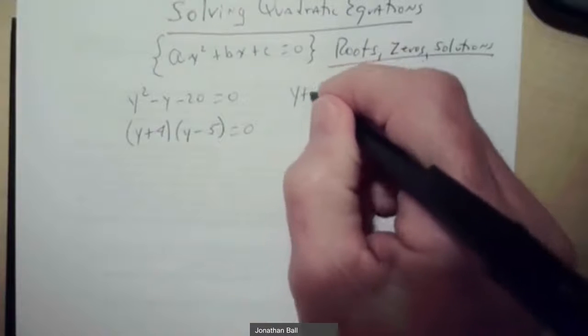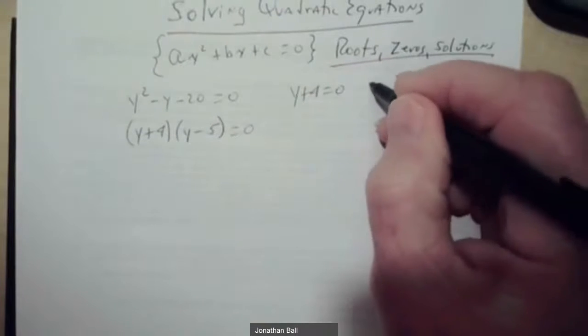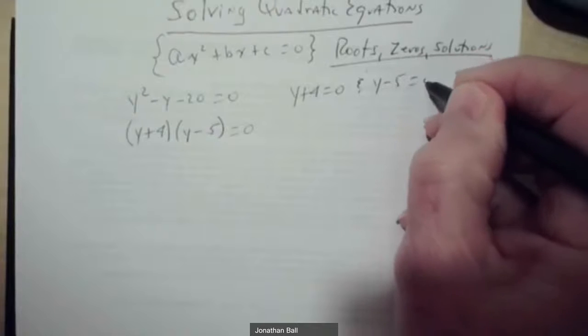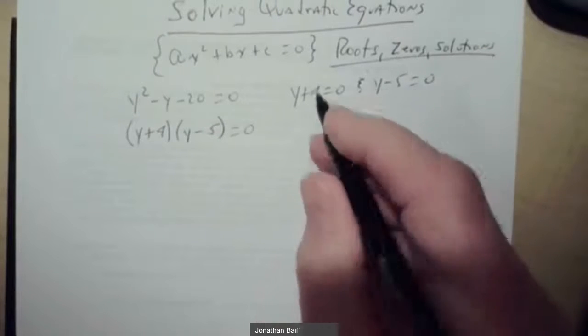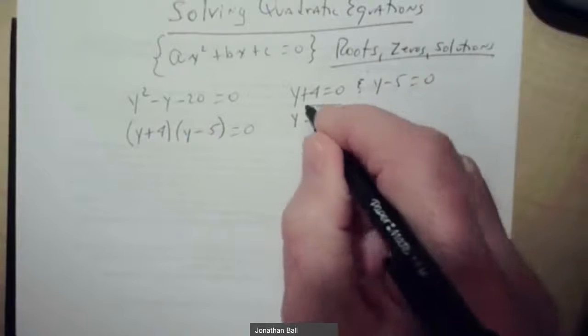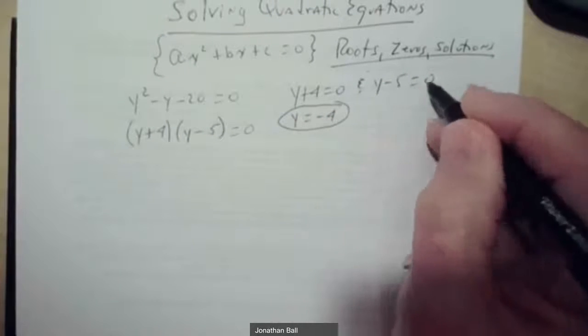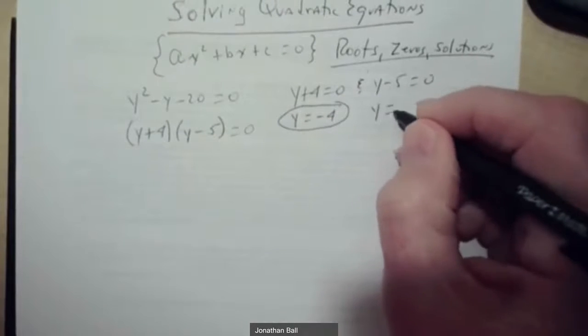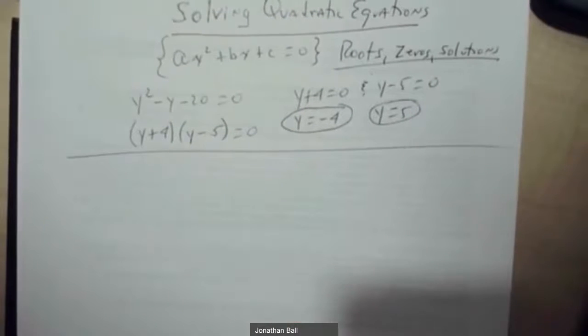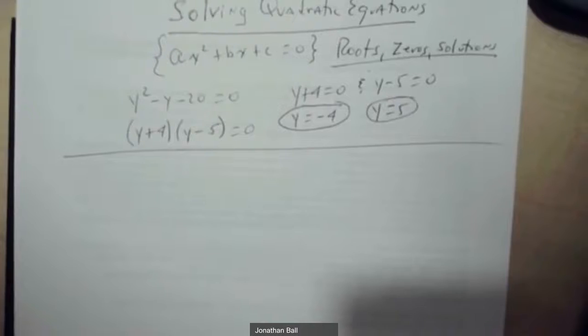So we have y plus 4 equals 0 and y minus 5 equals 0. Here we subtract 4 from each side, so y is going to equal negative 4. And here we add 5 to each side, y equals 5. Those are our two answers, the two roots, two zeros, or two solutions.